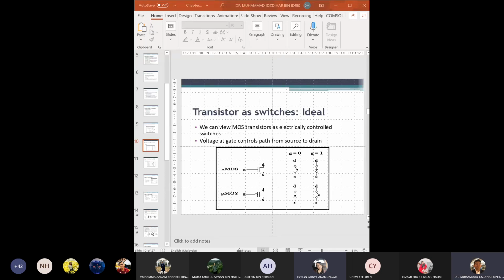Okay. Apa yang faham tiga kontak tu ataupun tiga terminal?